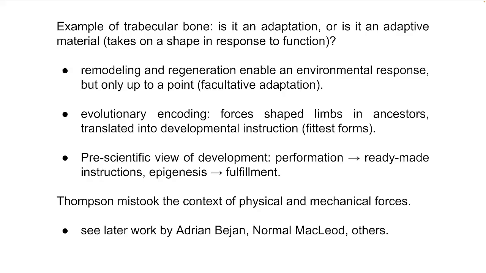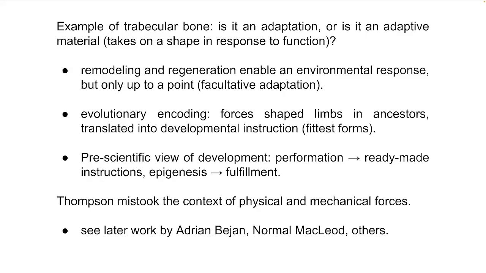So in the case of trabecular bone, is it an adaptation, a product of evolution that gets put down in organisms that have acquired trabecular bone as a trait, and then it just kind of is shaped by fitness and things like that? Or is it an adaptive material, which takes on its shape in response to function?